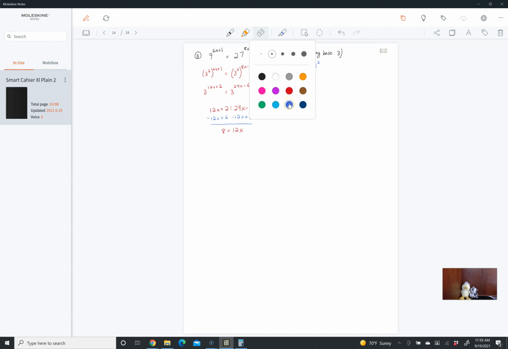Divide both sides by 12. X is equal to 8 over 12, which is equal to 2/3. Reduce your fractions. Always reduce.